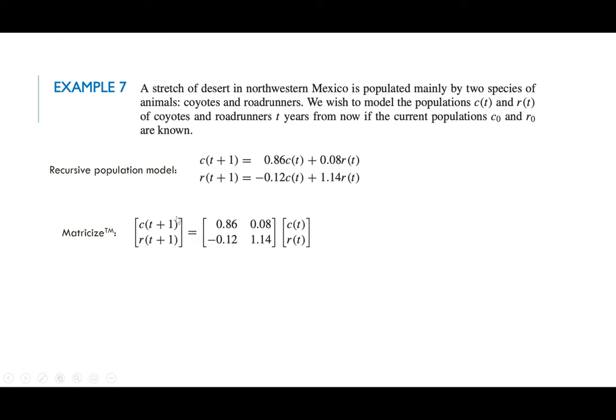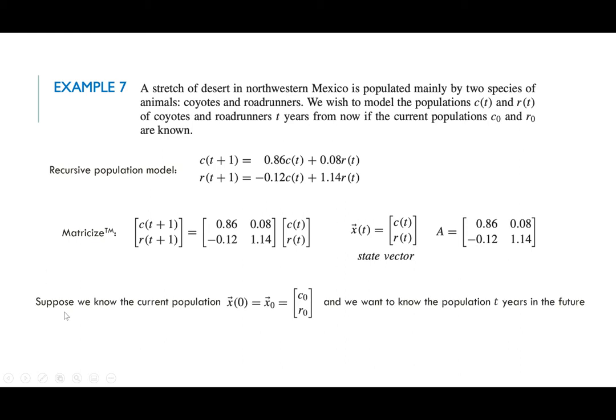So moving forward in time ends up being equivalent to multiplying by this matrix. Just for a piece of cultural knowledge, x of t, which we'll call C of t, R of t, is often called the state vector in dynamical systems. And then we've got our matrix A here.